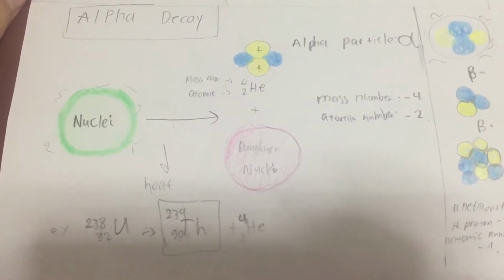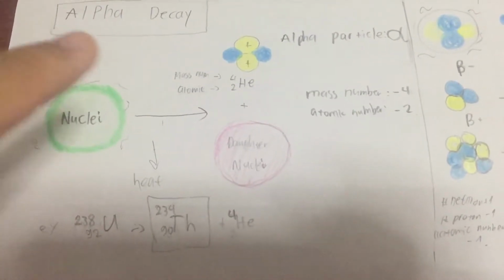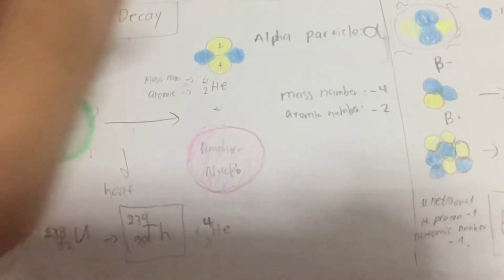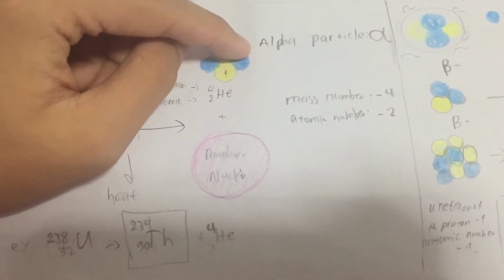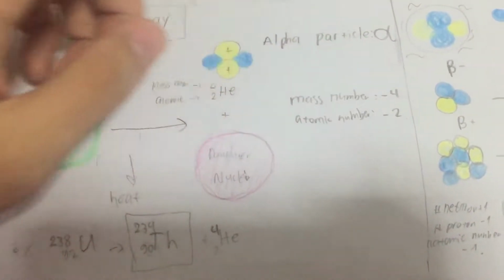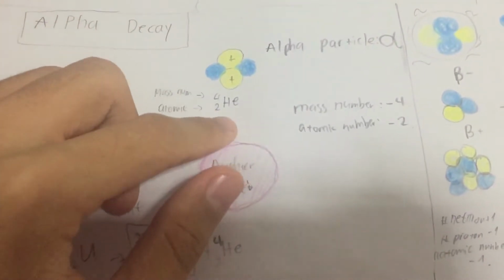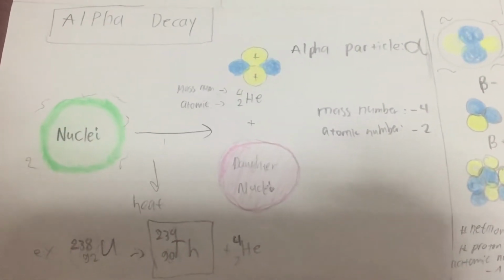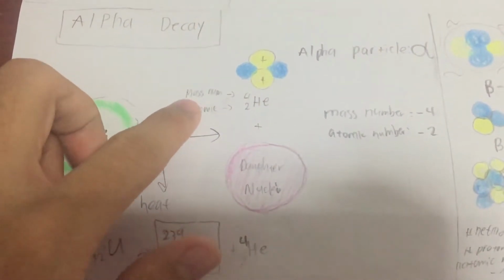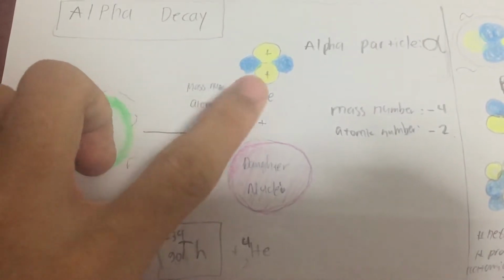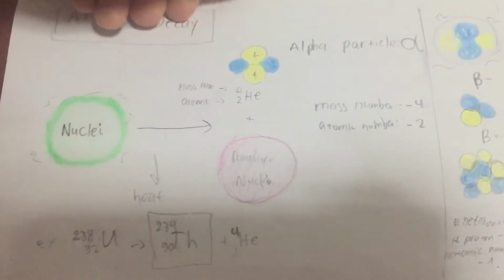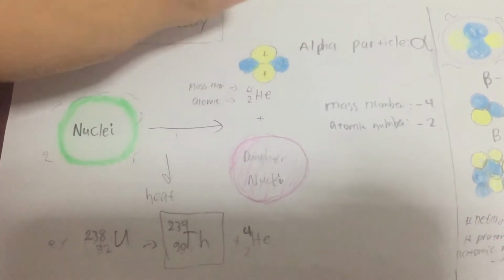During alpha decay, the nucleus is going to give off an alpha particle, which has a symbol here, and you can say it's a helium. This helium has a mass number of 4, an atomic number of 2, and also has 2 protons and 2 neutrons.